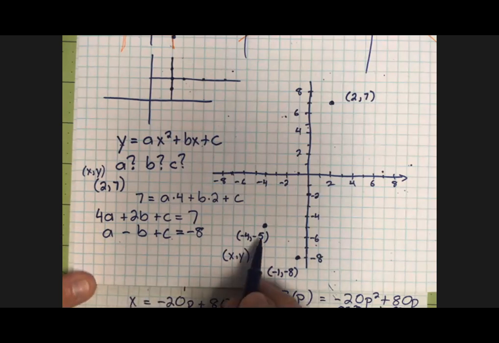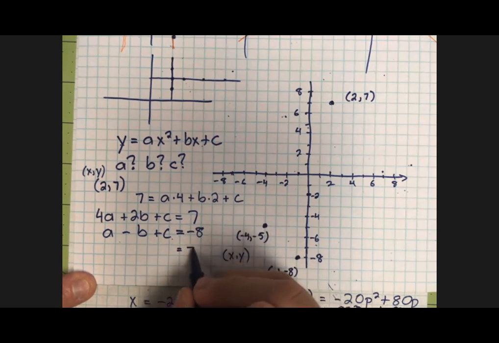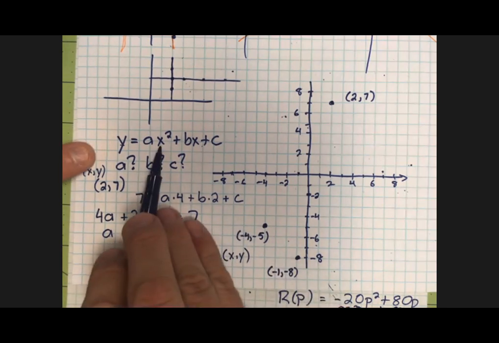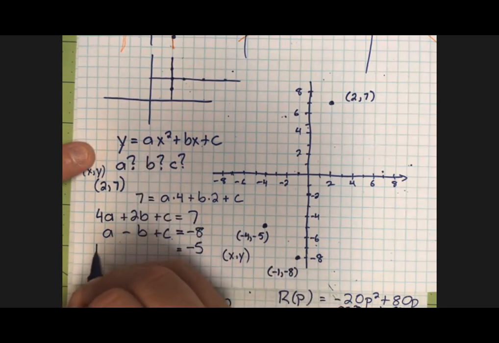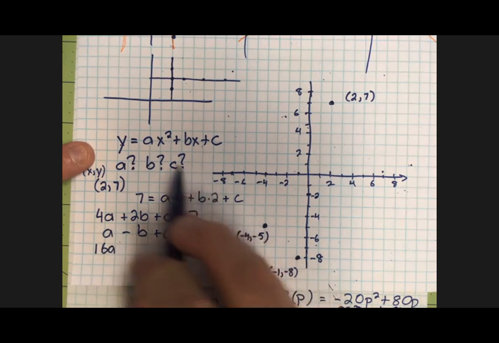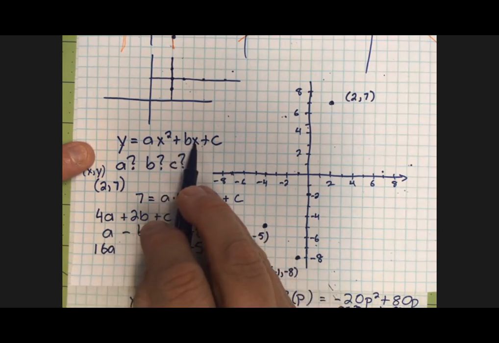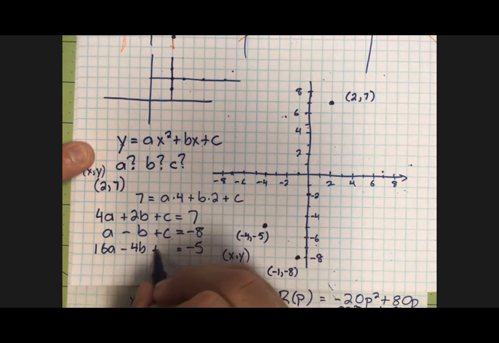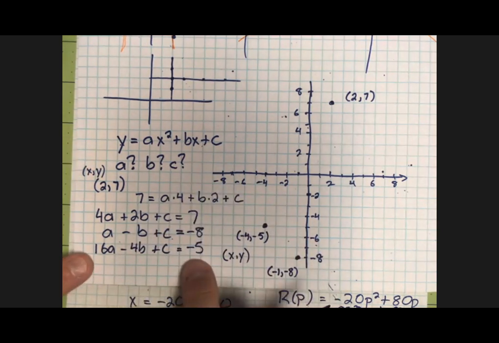Let's try the last point. If I put in -4 for x, I better get -5 output for y. Let's put in the -4. 16A's minus 4B's plus C equals -5.